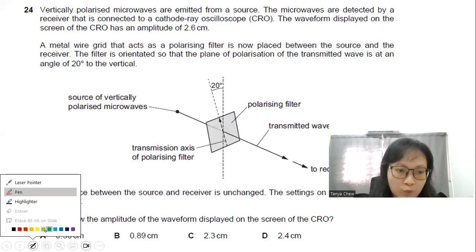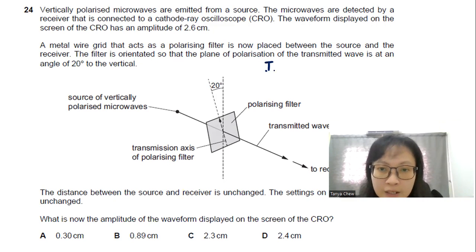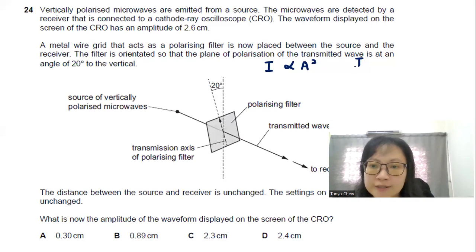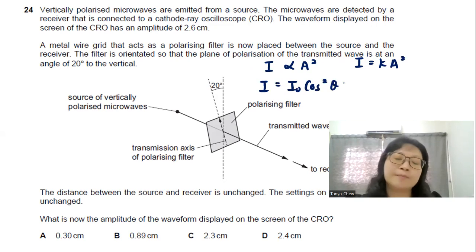Now, I just write down the equation which links the intensity and the amplitude because I'm going to use Malus' law to solve this. Intensity is directly proportional to amplitude squared. Therefore, intensity is equal to a constant times amplitude squared. By Malus' law, intensity is equal to I naught cos squared theta.